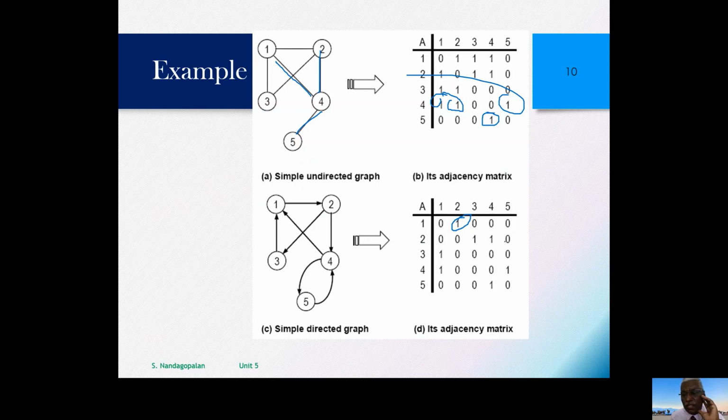That's it. So we will stop here and start again in the next lecture, because this is the way by which we can represent a graph as an adjacency matrix and adjacency list. Adjacency multi-list, of course, we can discuss again with examples.